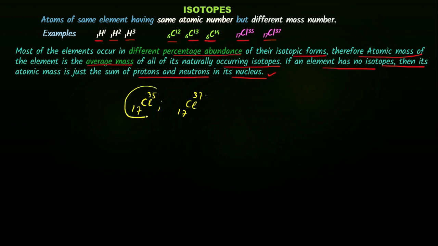Now this isotope, which has an atomic mass of 35, constitutes 75% of the total chlorine atoms present in this universe.